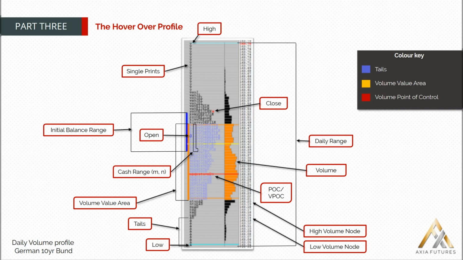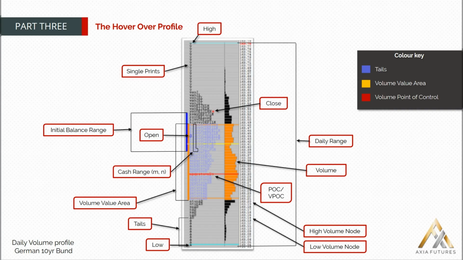We then have the POC or the VPOC. The POC stands for point of control, and the VPOC stands for the volume point of control. The major difference between the two is the point of control represents the price of the day that has the most TPOs. TPOs are time price opportunities, and each TPO is a letter. So the price that has the most letters within a distribution is known as the point of control.